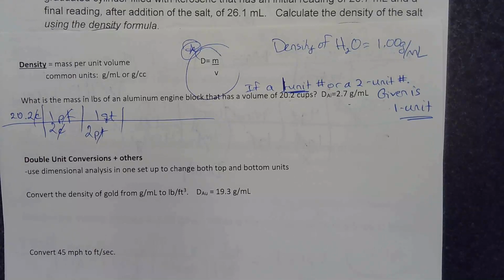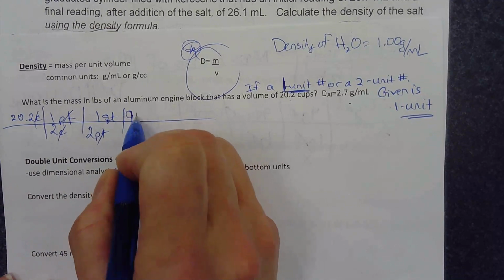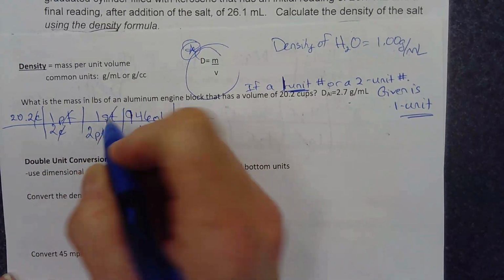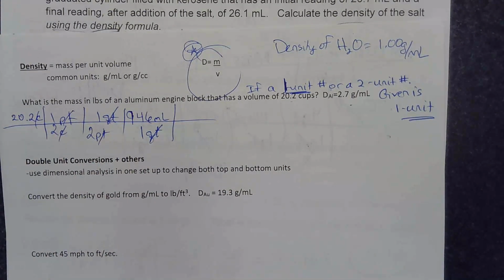What do you know about quarts, and something that might go with density? Say it. 946 milliliters is equal to 1 quart. Quarts cancel. Now what do we know? We know the density of aluminum.